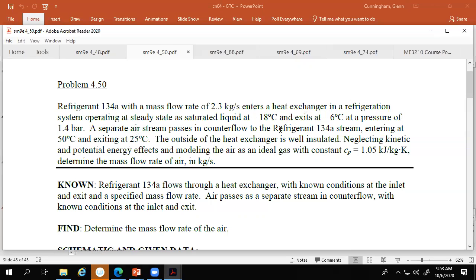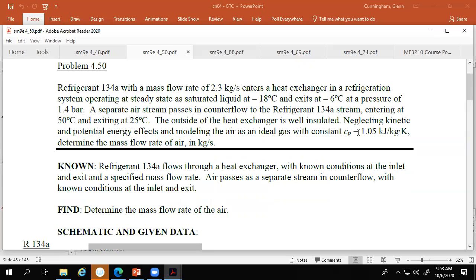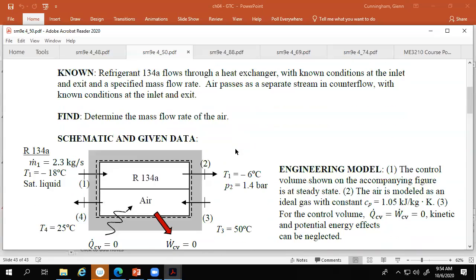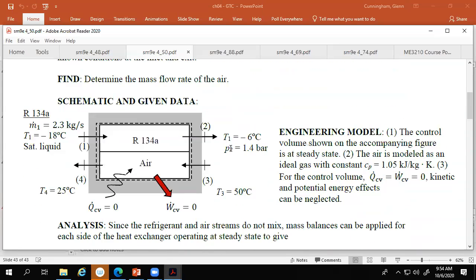The outside of the heat exchanger is well insulated, neglect kinetic and potential energy effects, and model air as an ideal gas with constant CP, 1.05 kilojoules per kilogram per K. Determine the mass flow rate of air in kilograms per second. Okay, so there's our picture.